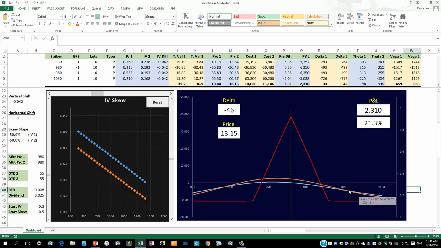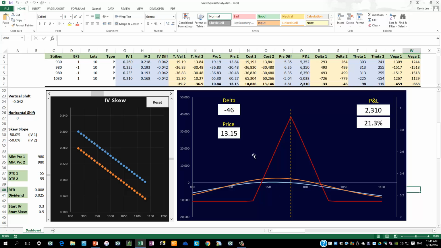So the orange T+0 profile is quite similar to the profile of the original blue line. So what does that mean? It means that if the lower delta is achieved by steeper skew, you actually have more gamma problem on the right-hand side. That is something that butterfly traders would need to pay attention to.